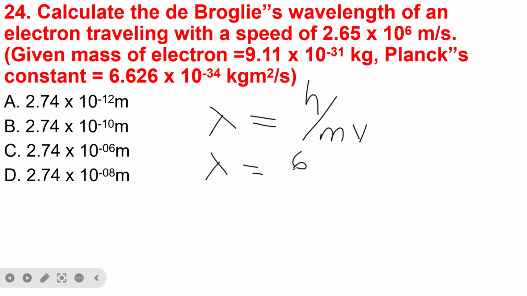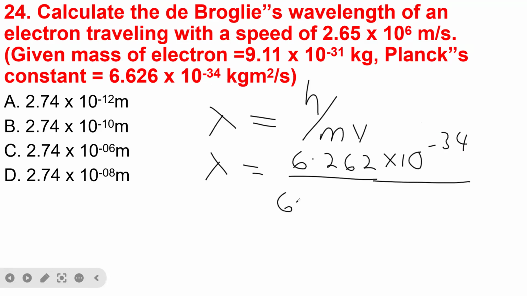So the Planck constant, 6.626 times 10 raised to the power of minus 34, is divided by the mass of the electron, 9.11 times 10 raised to the power of minus 31, times the velocity, which is 2.65 times 10 raised to the power of 6.